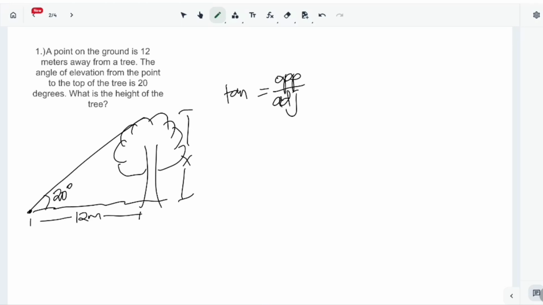So let's start with our given, which is tangent 20 degrees as the reference angle equal to opposite ni 20, x over 12, which is adjacent. So again, if you have the variable in your numerator, just need to write 12 tangent 20 degrees is equal to x. Okay, so what is 12 tangent 20?